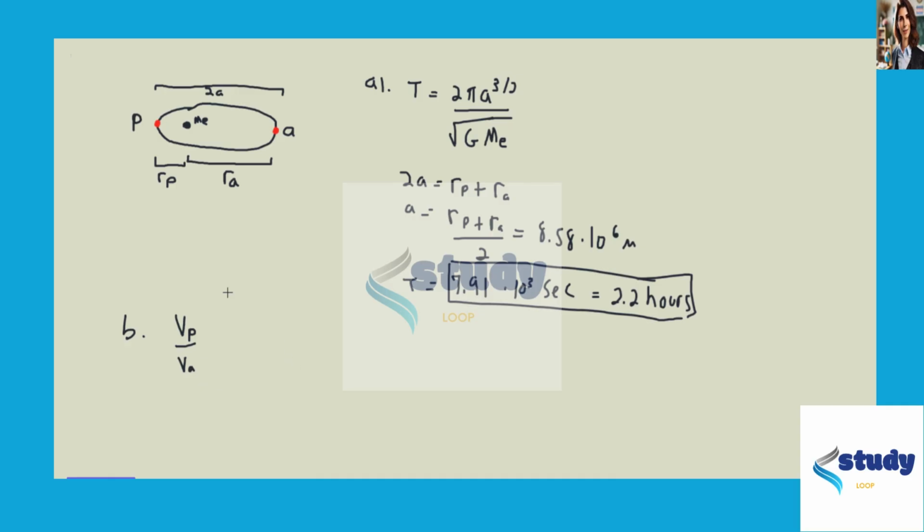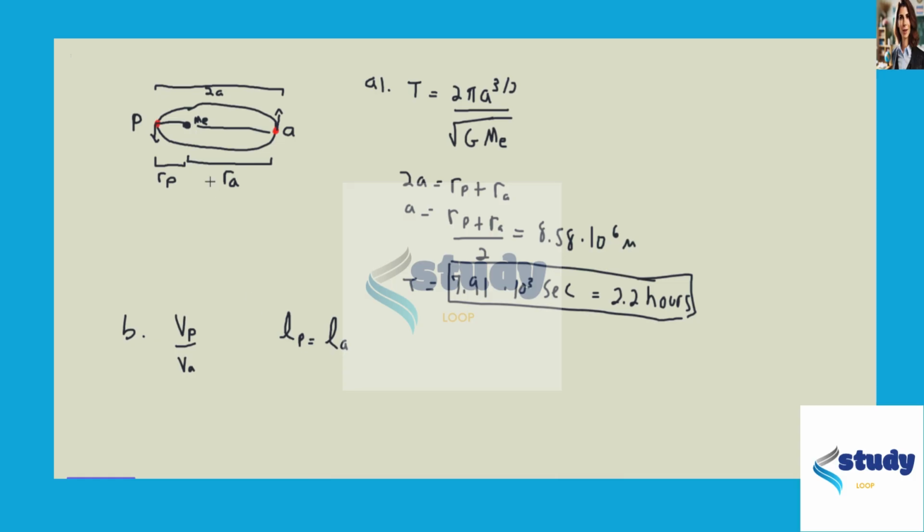We know that angular momentum is conserved at all points throughout this orbit, since there are no external torques being applied. So that tells us that the angular momentum at point P equals the angular momentum at point A. Because at either of these points the velocity is tangent to the path, perpendicular to our radius from the mass of the Earth, the angular momentum is just the velocity times the distance there.